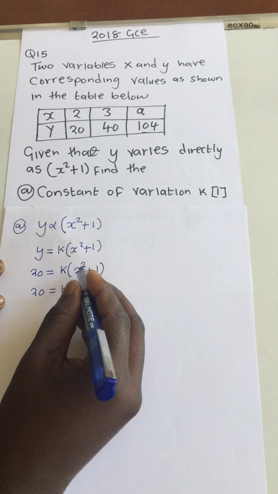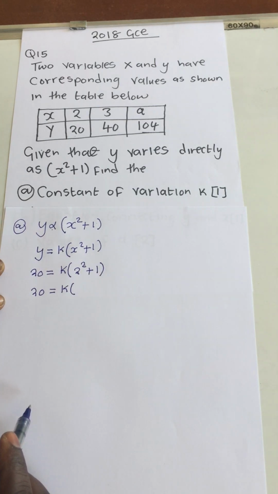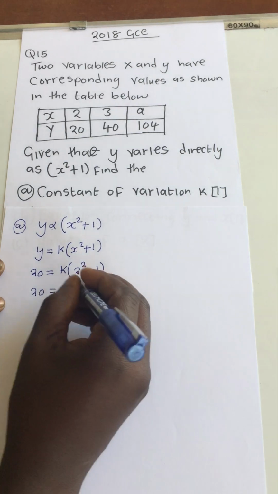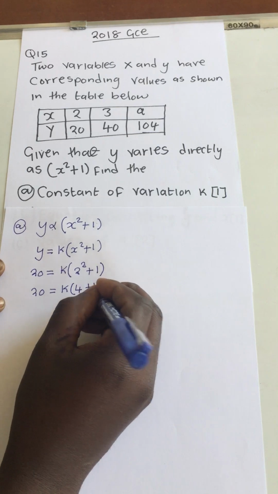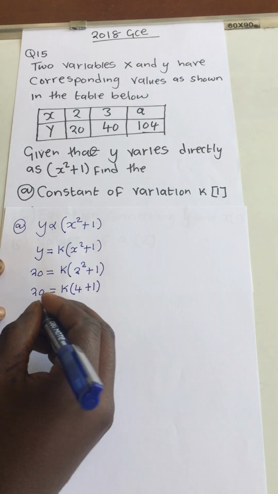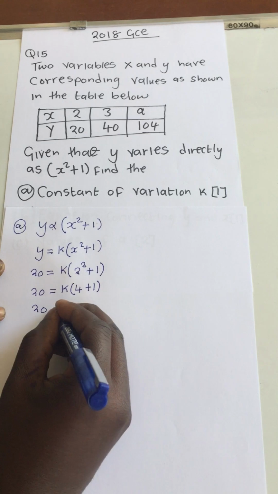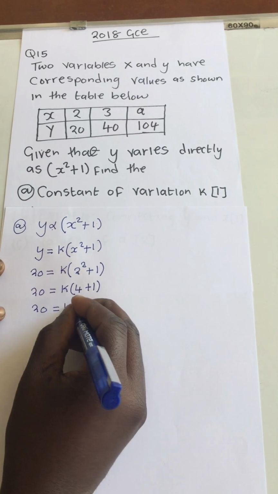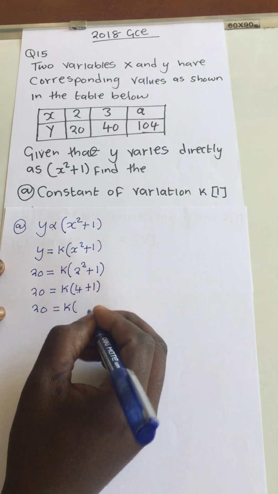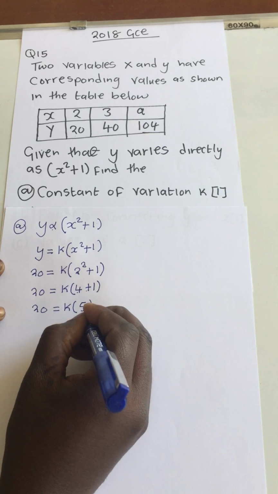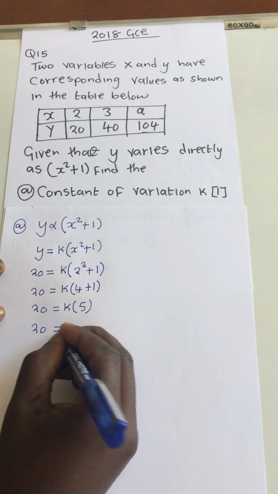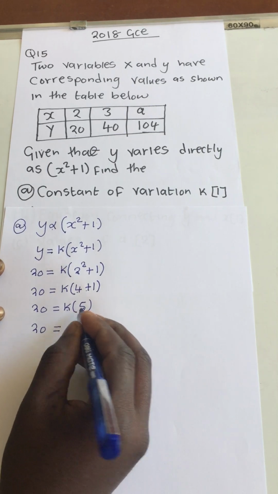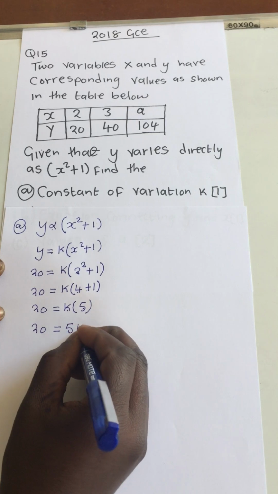What is 2 squared? It simply means 2 times 2, which is 4, plus 1. So 20 is equal to k times (4 plus 1), which is 5. So 20 is equal to 5k.